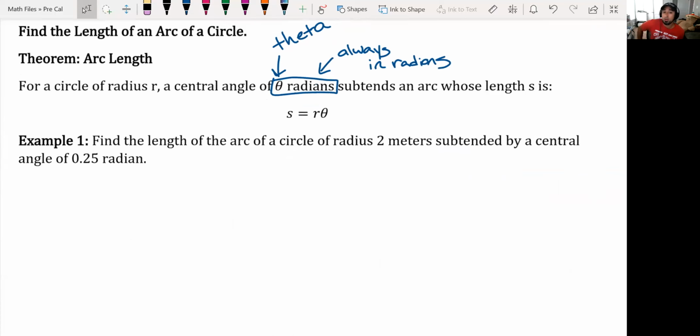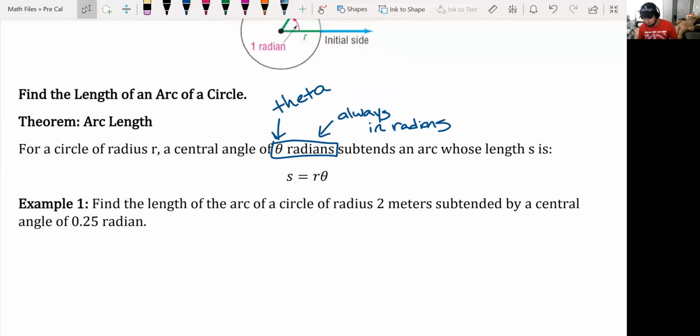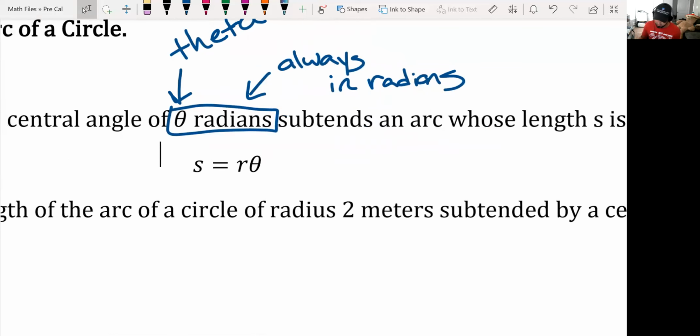Example 1: find the length of the arc of a circle of radius 2 meters subtended by a central angle of 0.25 radian. Okay. So I guess before we dig into actual calculations, what we're looking at is basically just a circle.